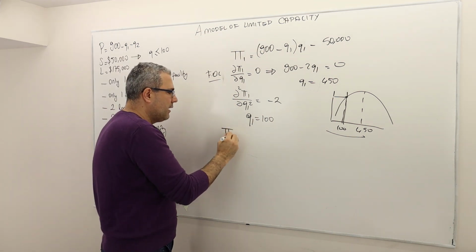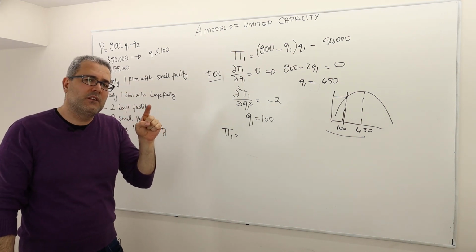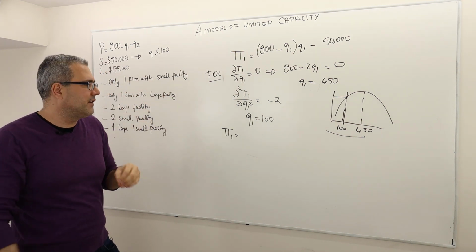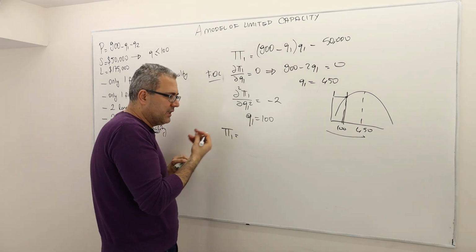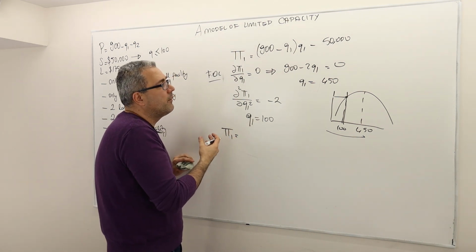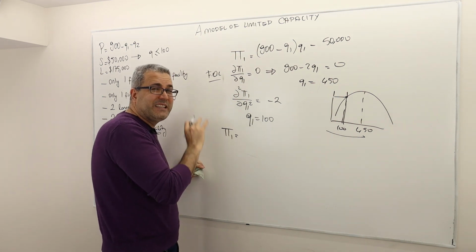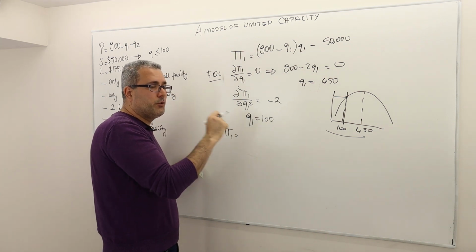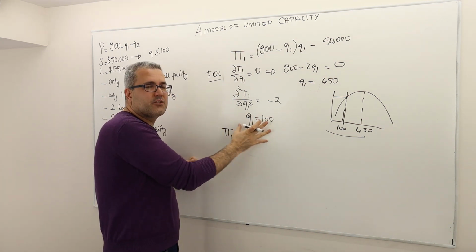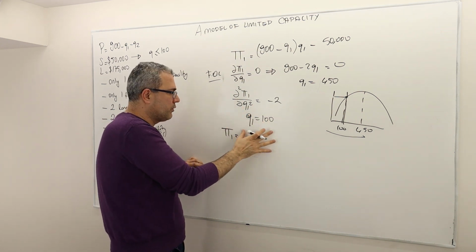So then, in this subgame where only one firm remains and this firm has small capacity, it's going to produce 100 units. What matters, to be honest, is that in this game I am going to calculate particularly the subgame perfect Nash equilibrium outcome, but keeping the strategies well defined is also a good option.